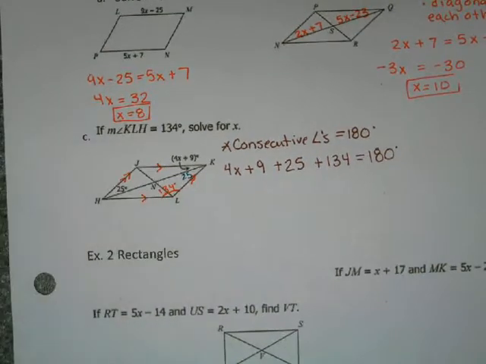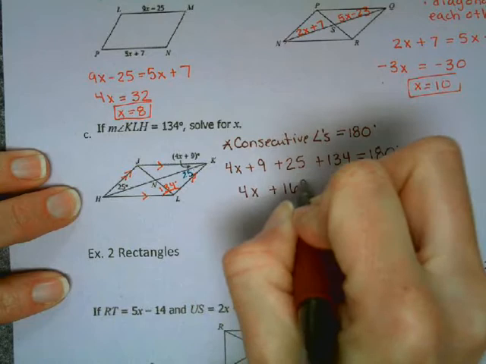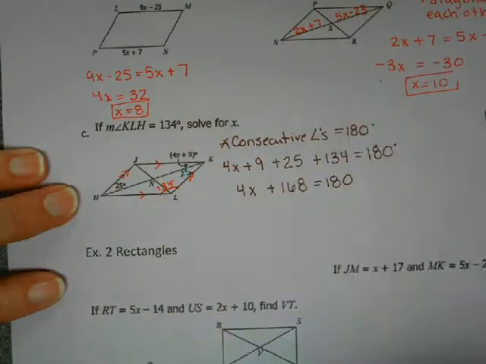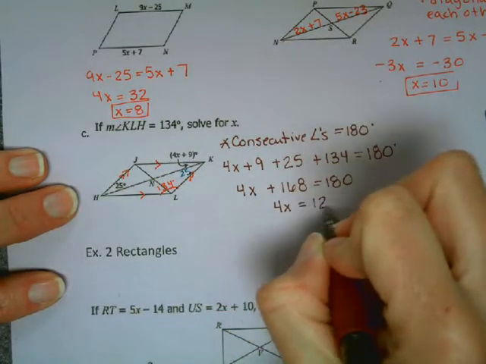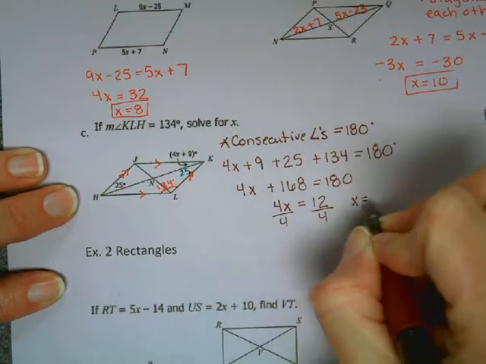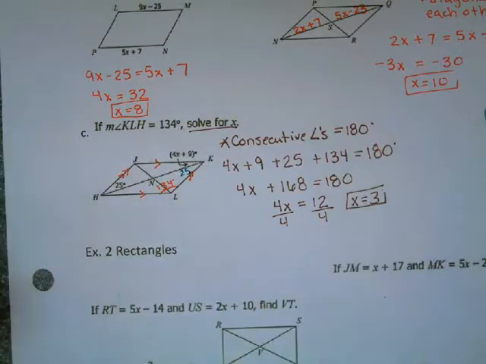And I would combine any like terms, so I would combine the 9, the 25, and the 134. So I get 168. Now we'll solve for x by itself, subtract the 168 to the other side. Gives me 12, so divide, x equals 3. And this one just says solve for x, so I know I'm done.